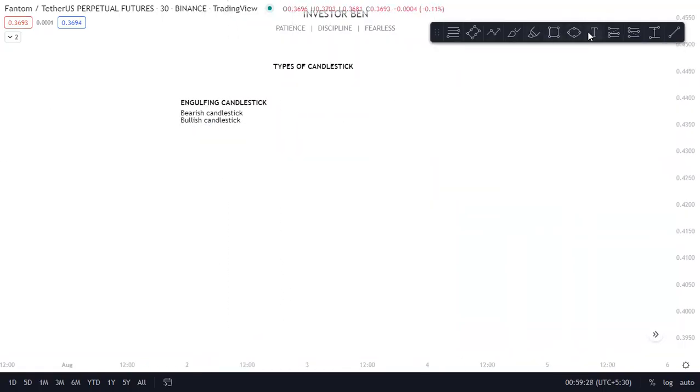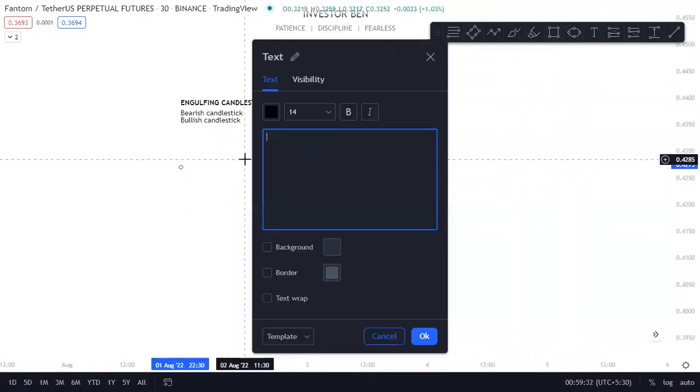We have the hammer and the hanging man. We have several of them, but I'll just be picking one now. The hanging man, sorry, hanging man, and the hammer candlestick, right?